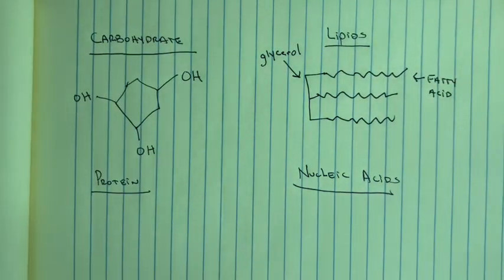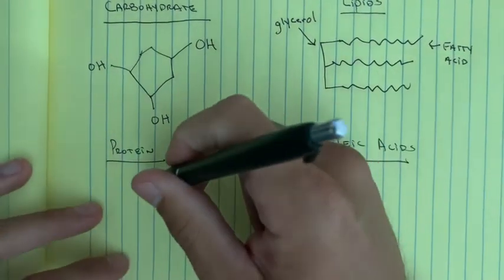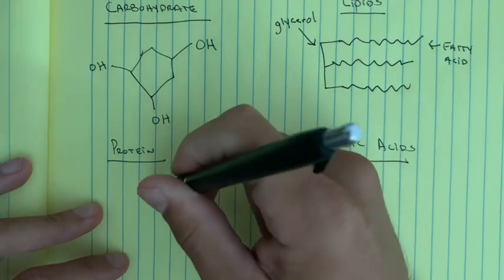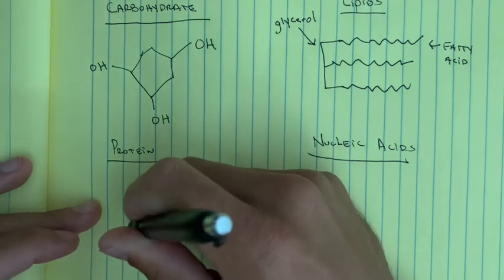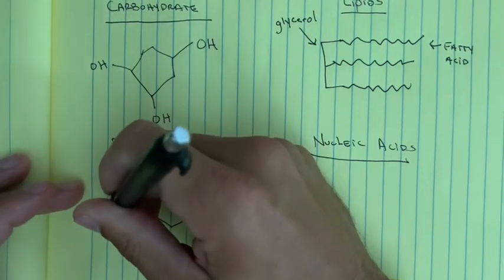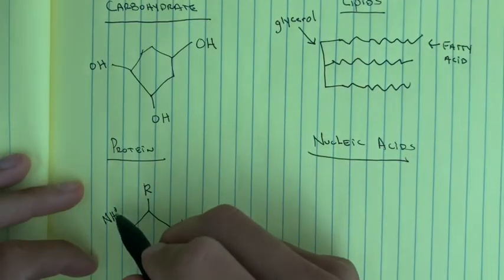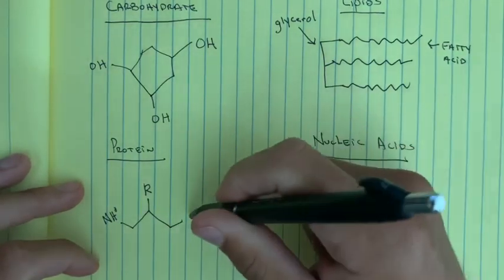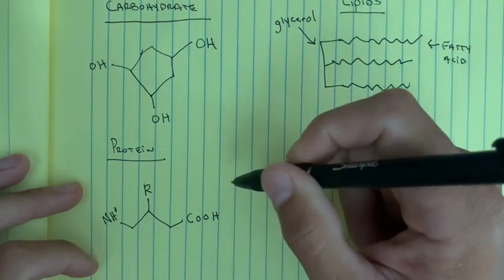So when we went over the monomer, the elements, this is kind of how that is organized. So the protein, okay, on this side it has the nitrogen, the hydrogen, that's a 3. And then on this side it has carbon, 2 oxygens, and a hydrogen.